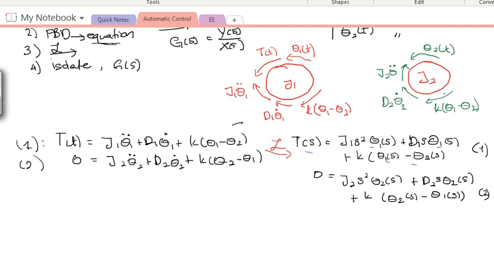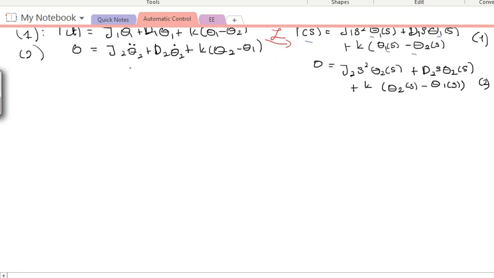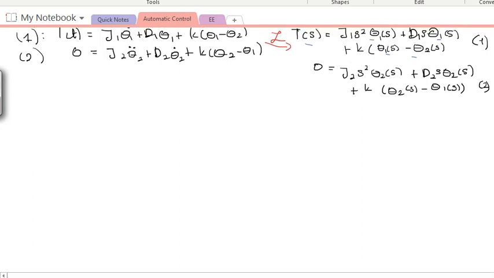We can now write matrices that will help us solve the two equations. So let's write down the matrix.